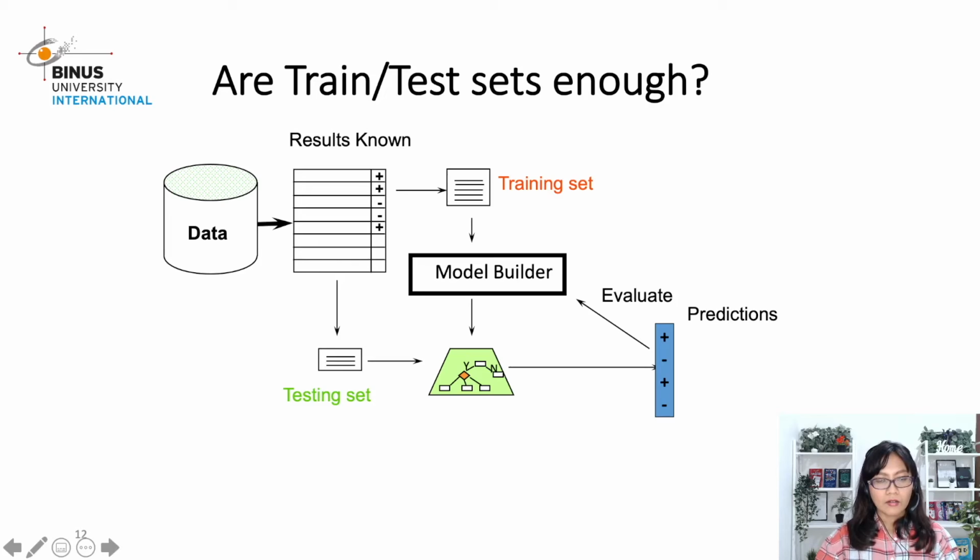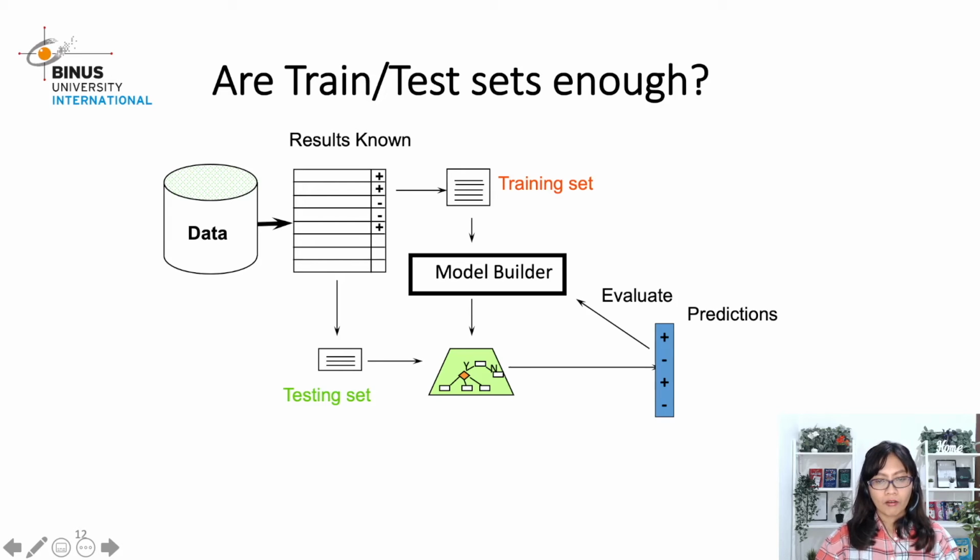We test on data taken from the population, from the sample data, and then we come up with the predictions. So the first line is positive, the second line, oh, this is negative, and the third line is positive.